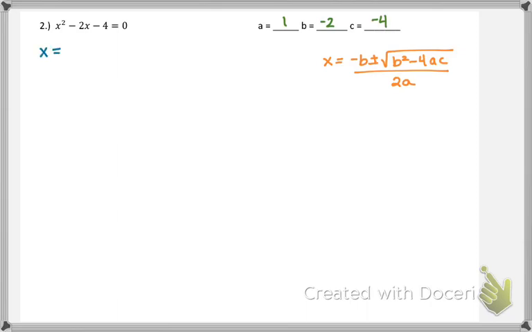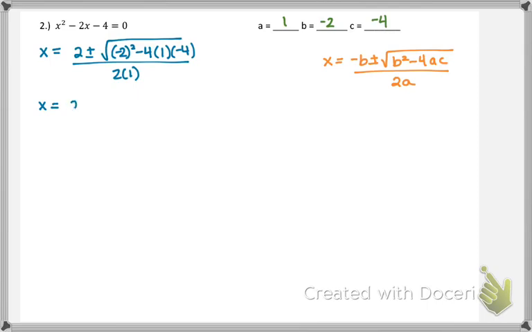So x equals, now negative b, because my b is already negative, the negative of negative 2 would turn it positive, so just 2, plus or minus the square root of negative 2 squared minus 4 times 1 times negative 4, all over 2 times 1.